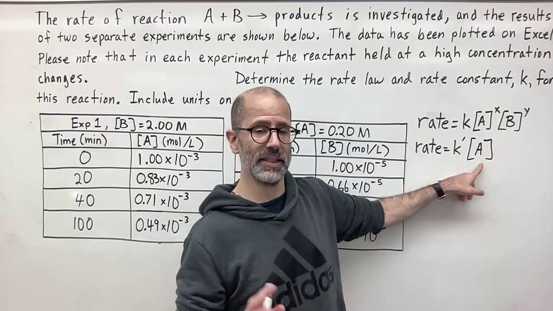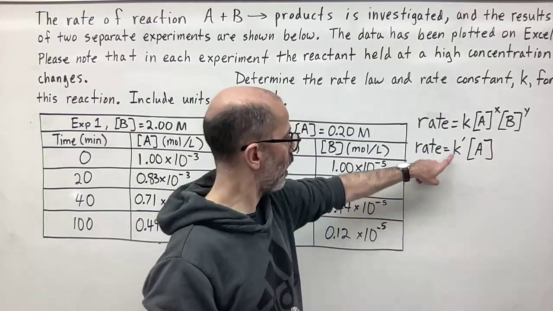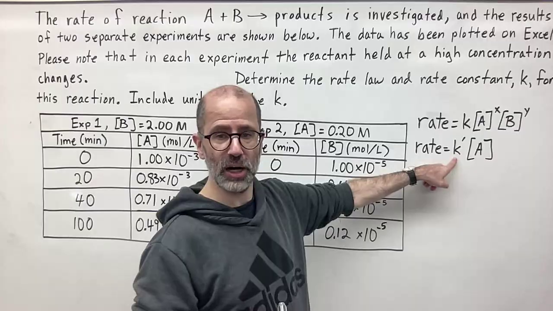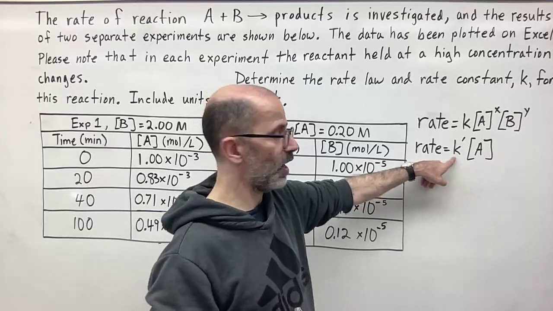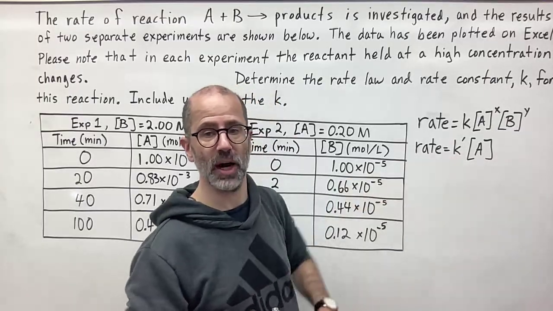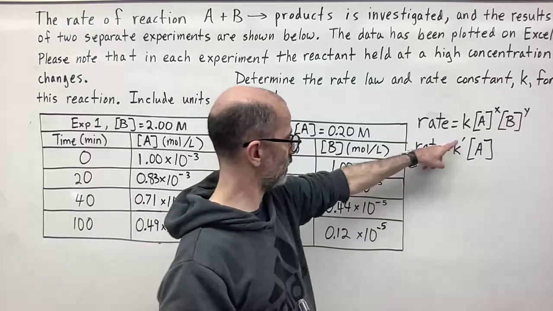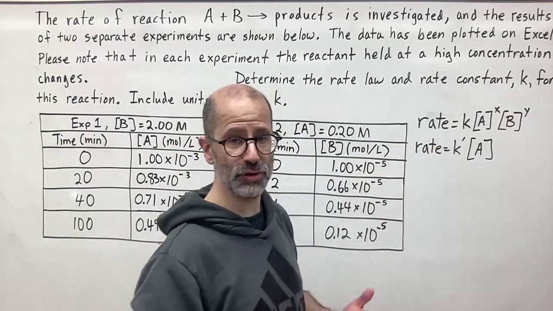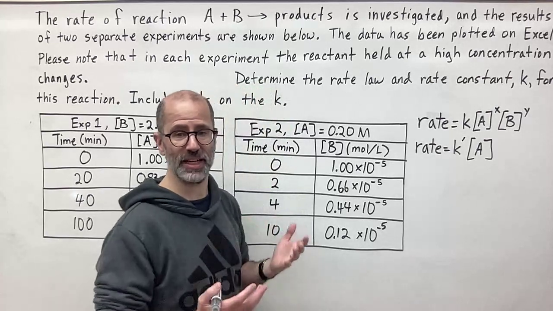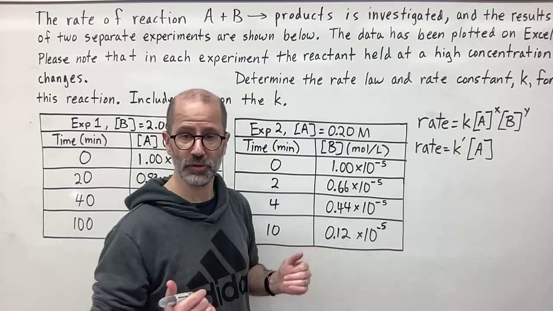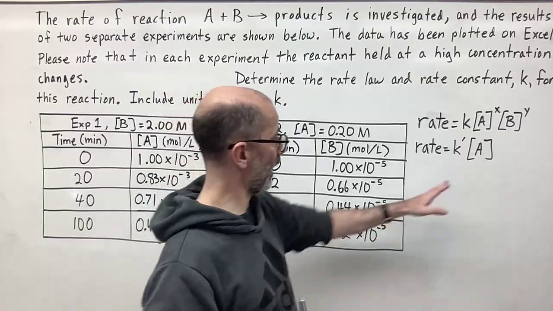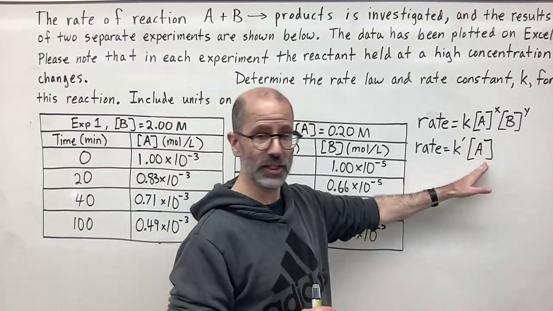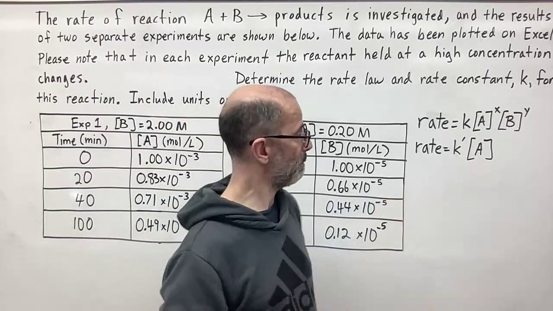B isn't really affecting the rate, but B is there. It's hidden in the new rate law constant, which we are marking as the pseudo rate law constant with a prime, so K prime. That allows us to run the reaction as if B wasn't involved, so we can see how the rate changes with respect to A, okay?